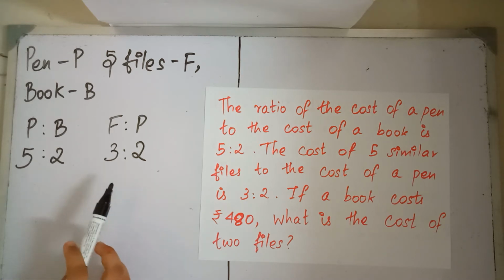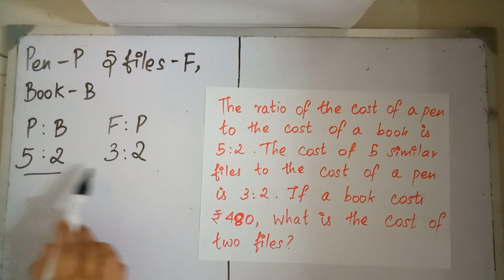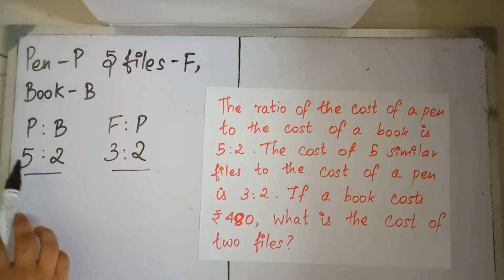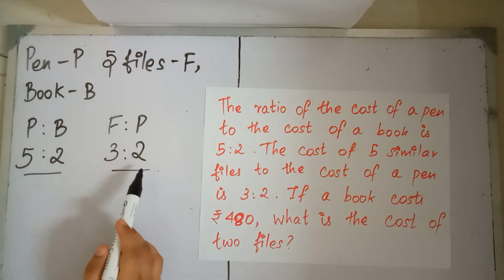If you look at these 2 ratios, we have to find the common factor, which is the factor that does not change in this ratio or this ratio. What does not change in both of the ratios? The cost of the pen, because here we have the cost of the pen to the book 5:2, file to the pen 3:2.